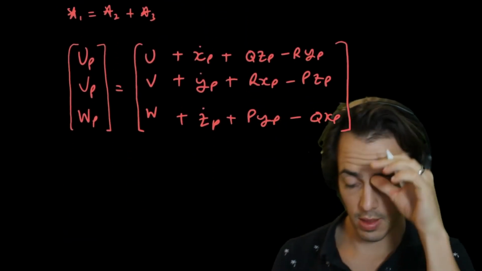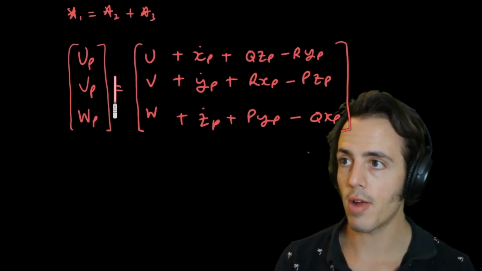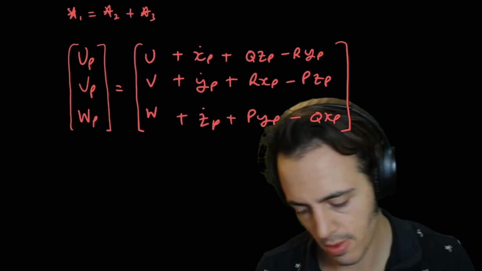So we've just determined that the velocity as we measure it at the probe is going to be equal, let's just write this out.